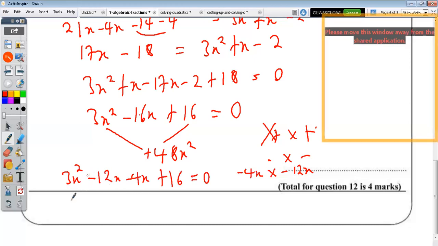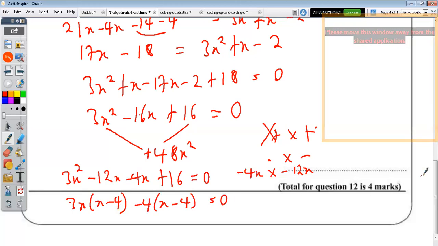Now I can factorize 3x brackets x minus 4, because I'm dividing, cancels the 3x into that negative 4. Then, because I want the negative, I can now divide by negative 4 brackets x. If I divide there, I get exactly minus 4. That's what I want it like this.